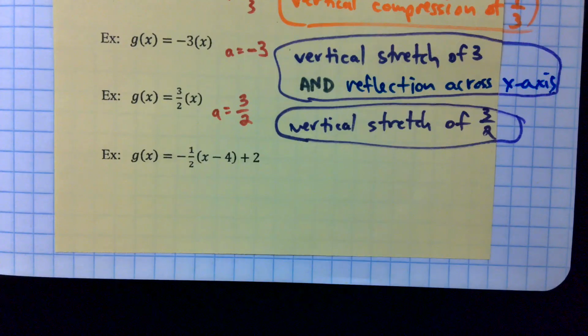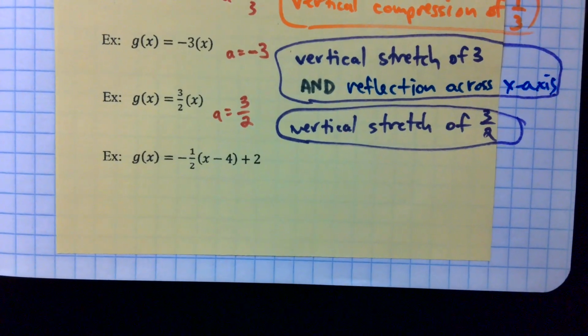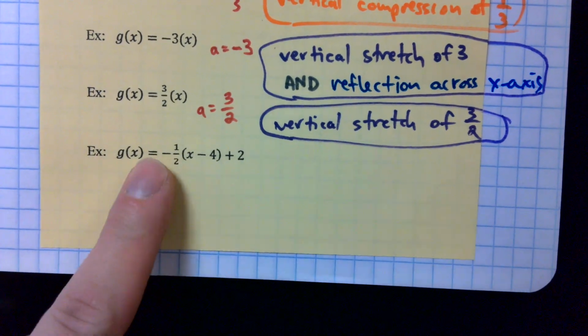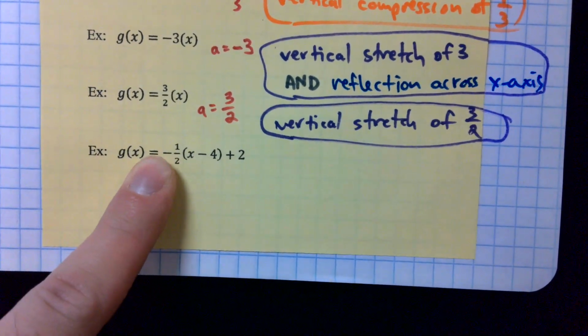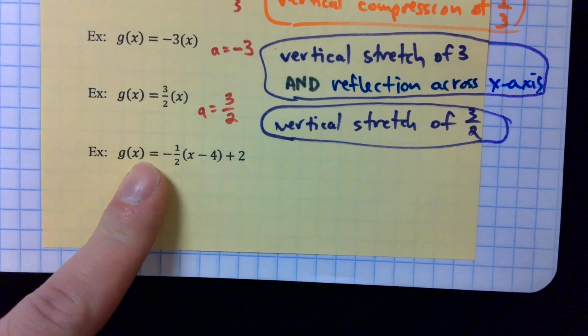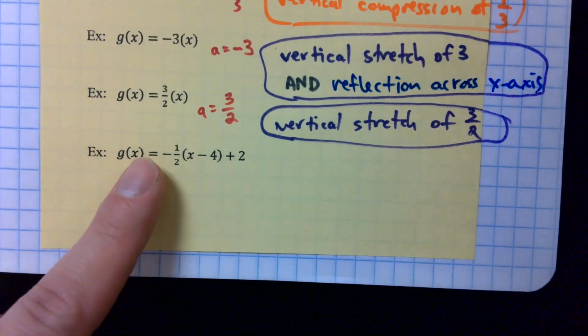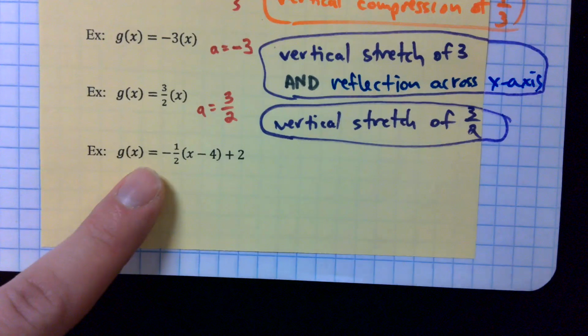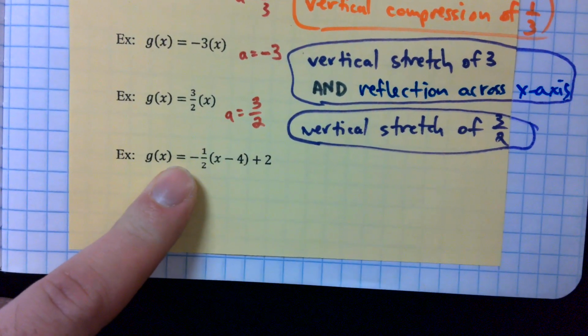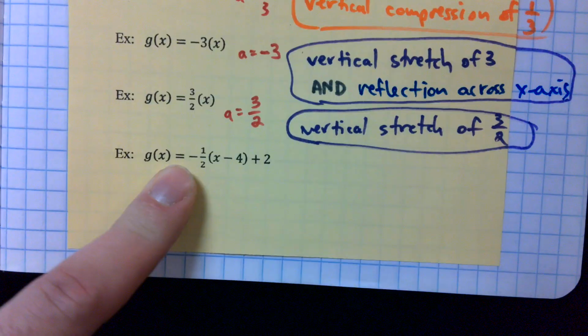Okay, let's kick it up like 10 notches. Look at this last example here. There's a lot going on. Let's start left to right. What's the very first thing we notice in g of x? We're not doing math, we're just identifying what's going on. I see a negative. That's the first thing I see. What does that negative a value tell me I'm doing here?